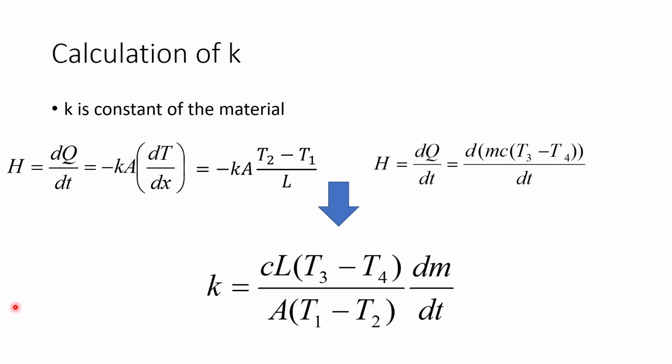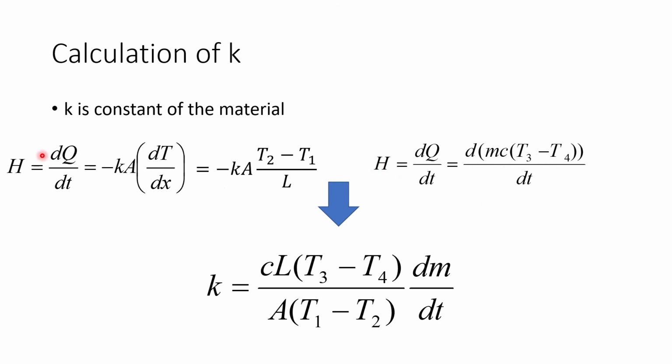To find the constant K, since K is a constant of the material, an intrinsic property, in this case the copper rod, you're going to find the thermal conductivity of the copper rod. So you equate the equation of the heat transfer and the cooling power of the cold water that goes in.